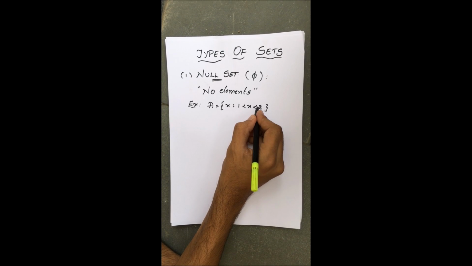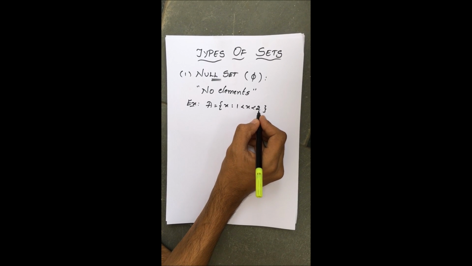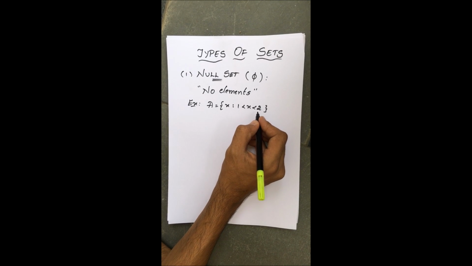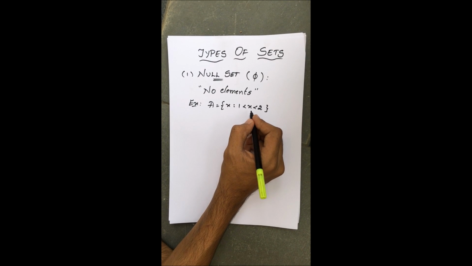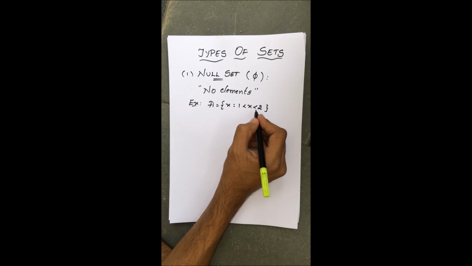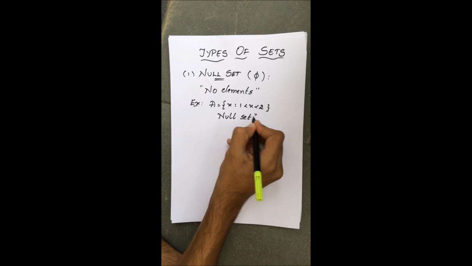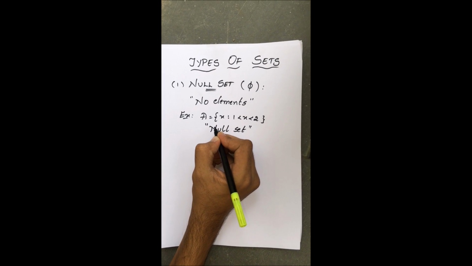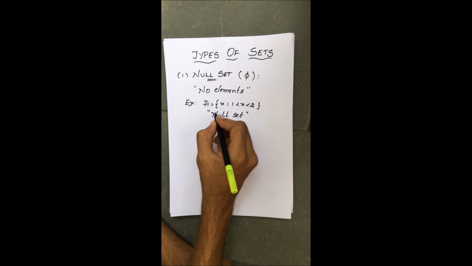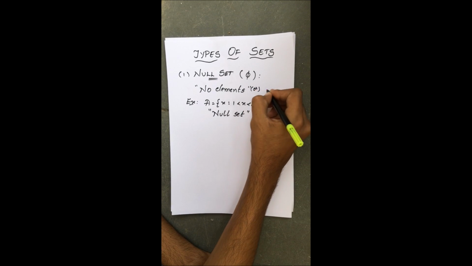We do not have any elements between 1 and 2, but we do have the decimal places, but we do not consider them. We do not have any natural numbers between 1 and 2. So this set is a null set. A null set is also called an empty set.